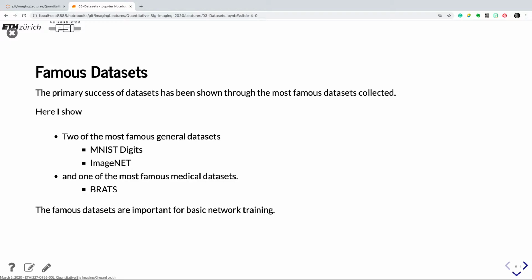And then some famous data sets that you can look at. One is MNIST digits. I'll show you an example of that soon. ImageNet. And under medical imaging, there is one called BRATS. They are very important to set the foundation in training algorithms.